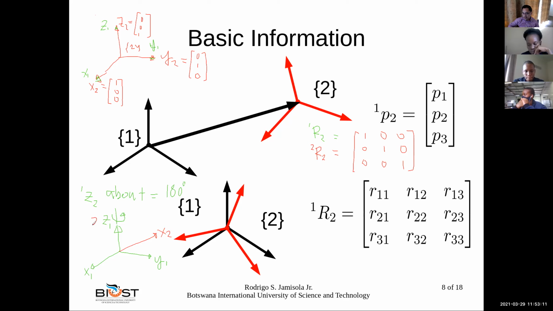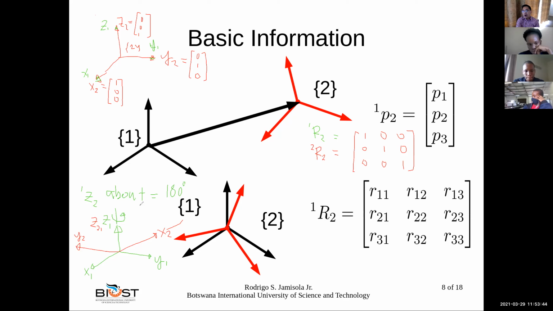Your Z2 remains the same, and your Y2 is there. You rotate 180 degrees so that your X2 is in this direction, and then your Y2 is in that direction. That's rotated by 180 degrees.